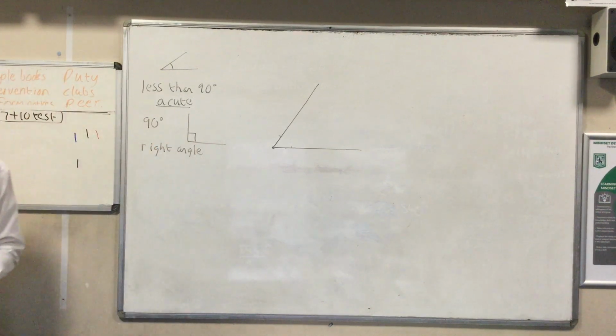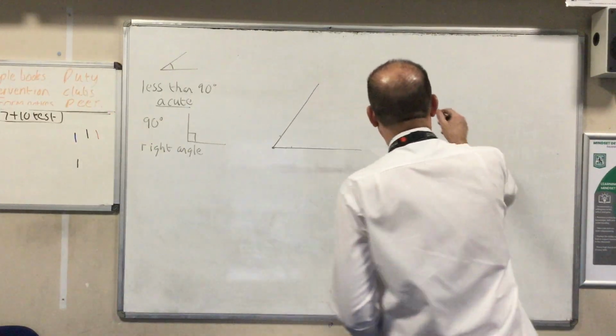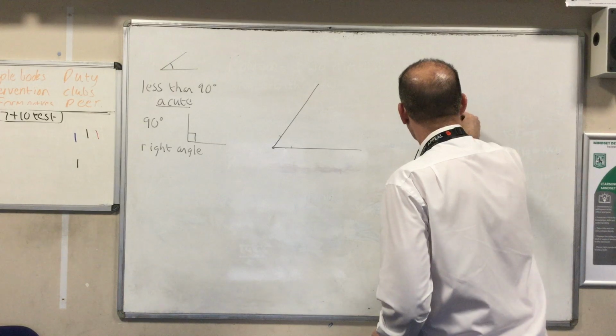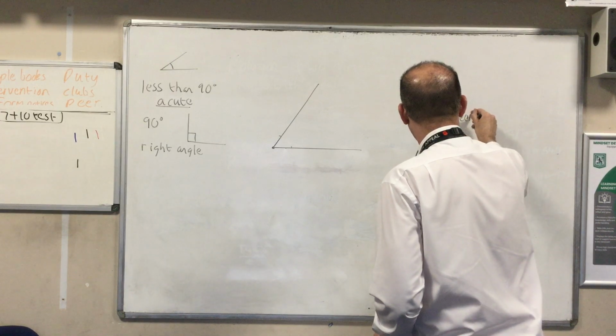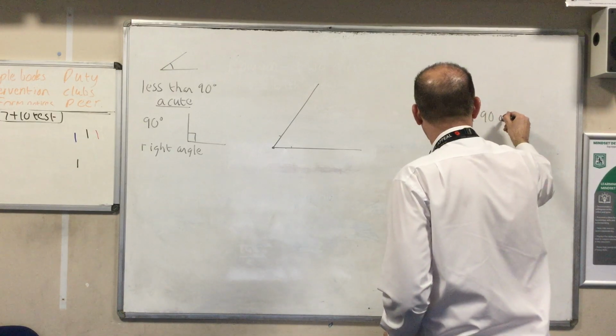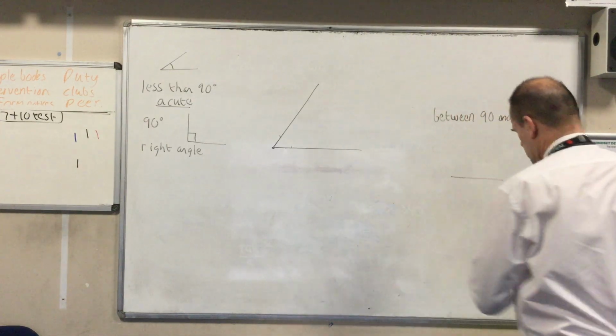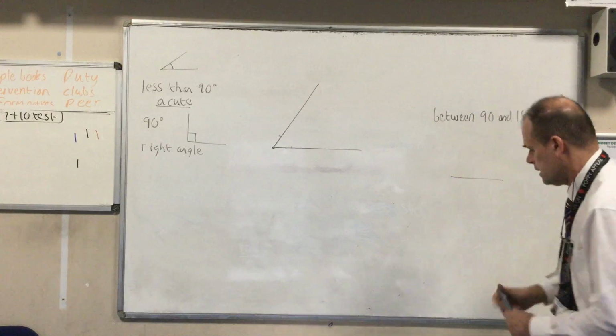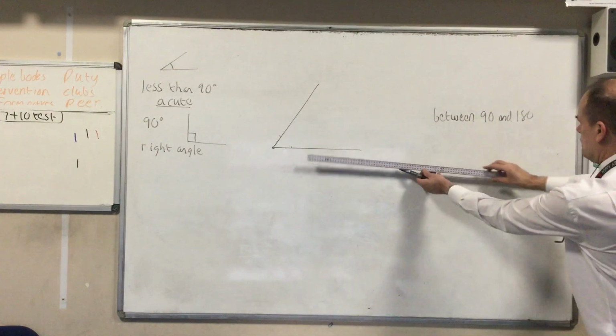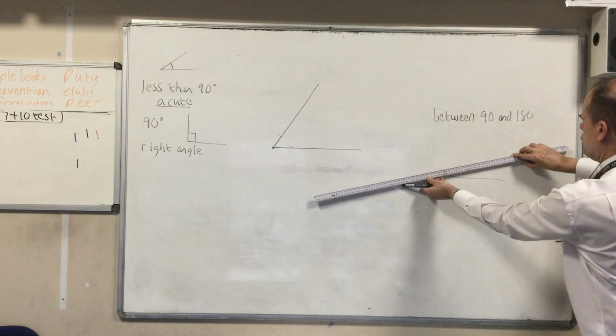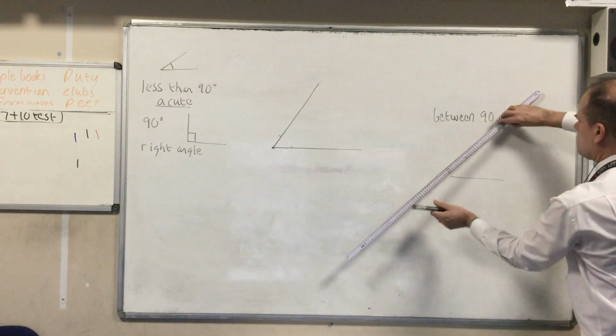Okay, let's go on to the other side of the board here. If you've got an angle between 90 and 180, so I'm moving on from the pattern here, and 180, so there's your line. If I move my ruler around here, you can see that's turning through nothing, acute, acute, acute, acute, acute.